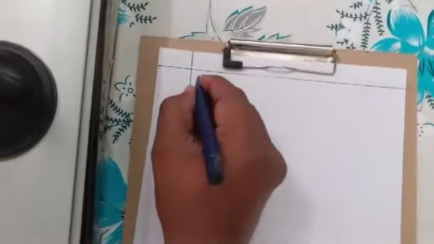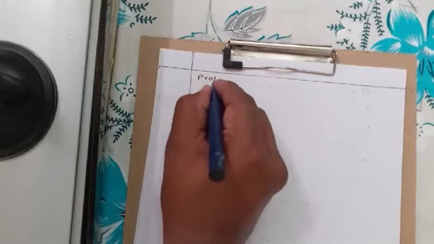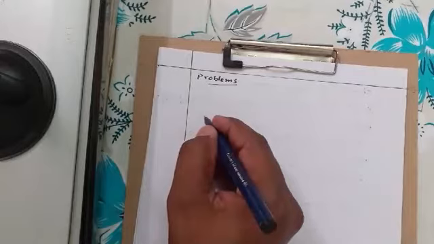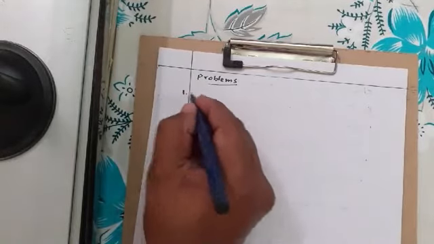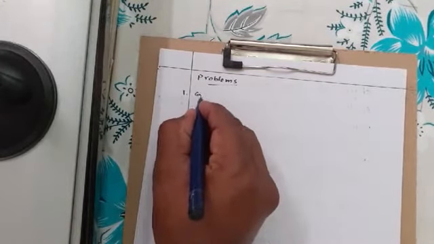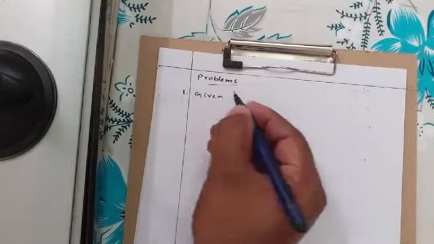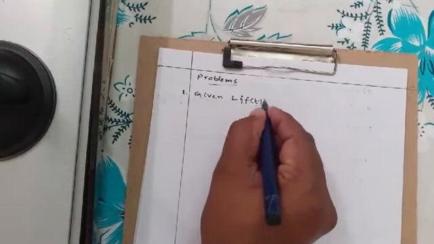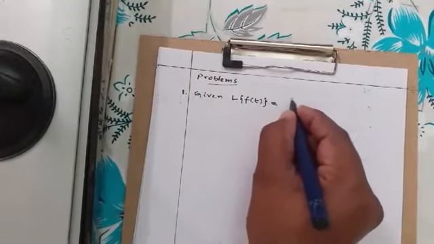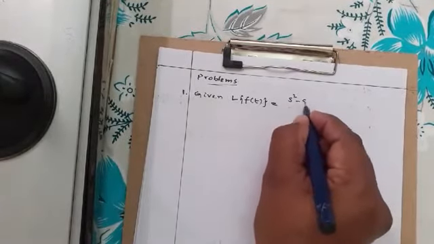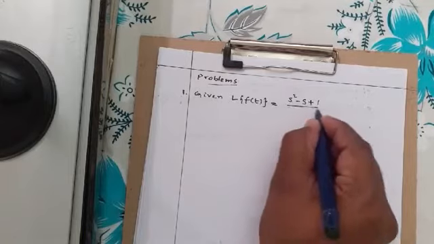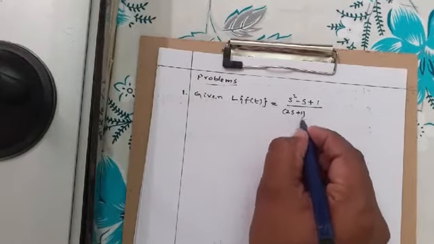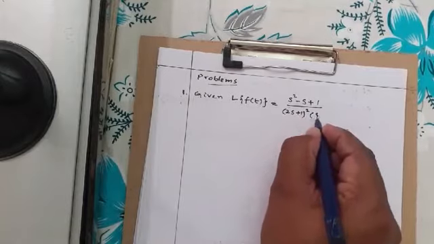Now first we write problems. Here I am writing the first problem. First problem: given Laplace of f of t is equal to s square minus s plus 1 upon 2s plus 1 whole square into s minus 1.